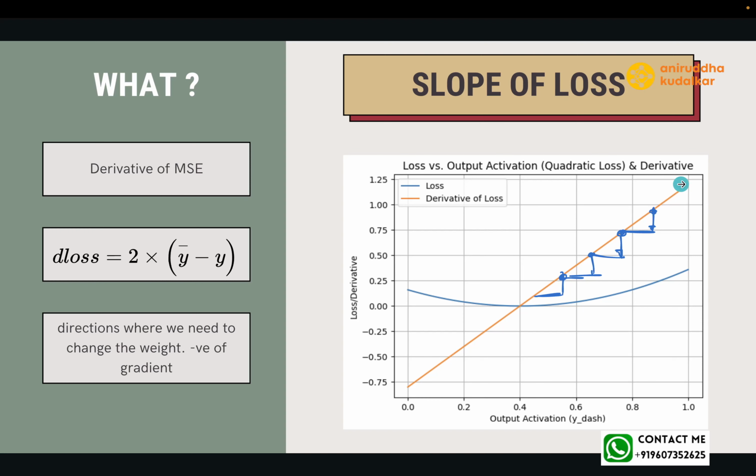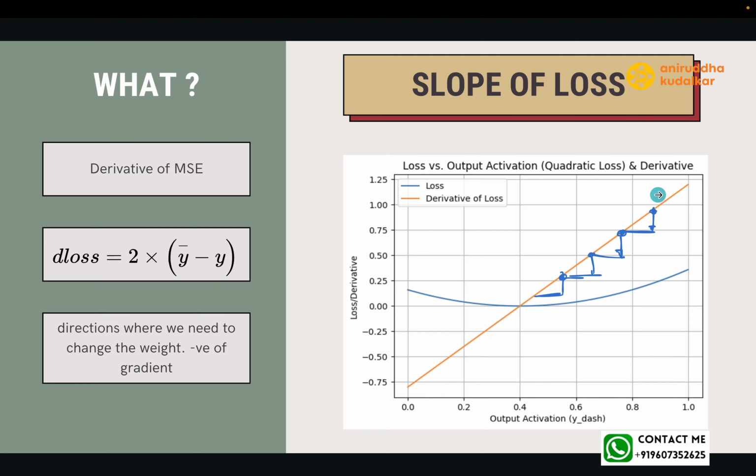If you are standing here and you need to come down, you just need to slide from here on this line and you will get one point, and this point is the minimum.